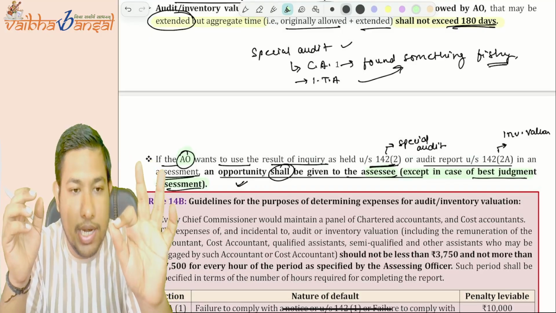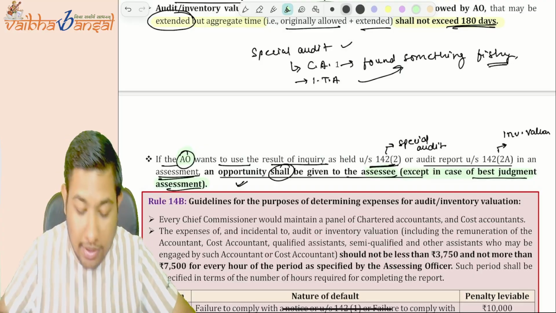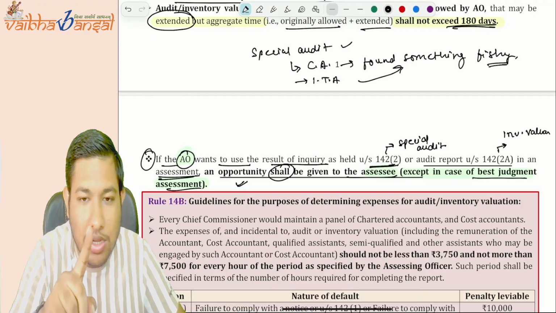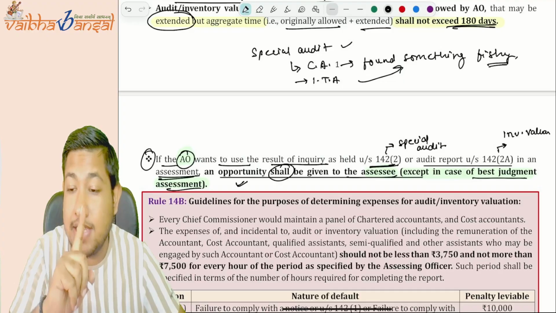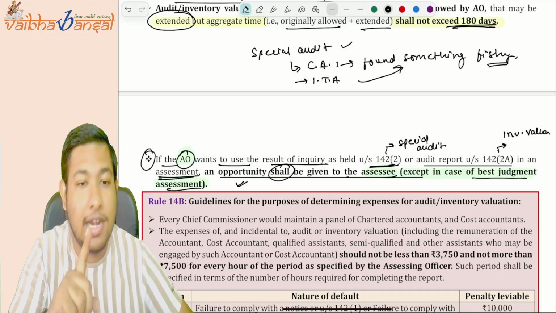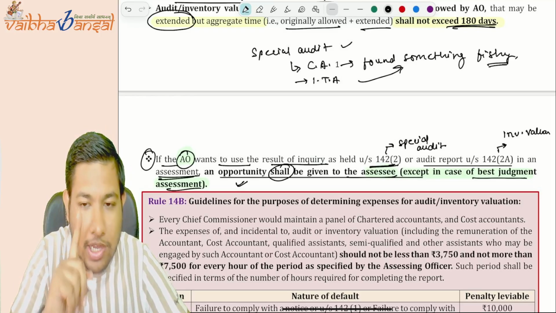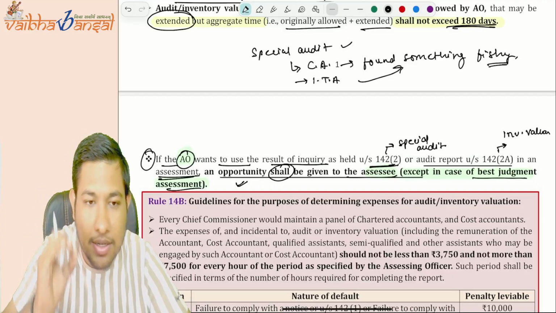So in that case, they have said that you do not need to give the opportunity of being heard, but understand it very carefully. This is a very tricky point. ICAI can trick you on this point, I can guarantee you. What is the requirement? Listen to me very carefully.